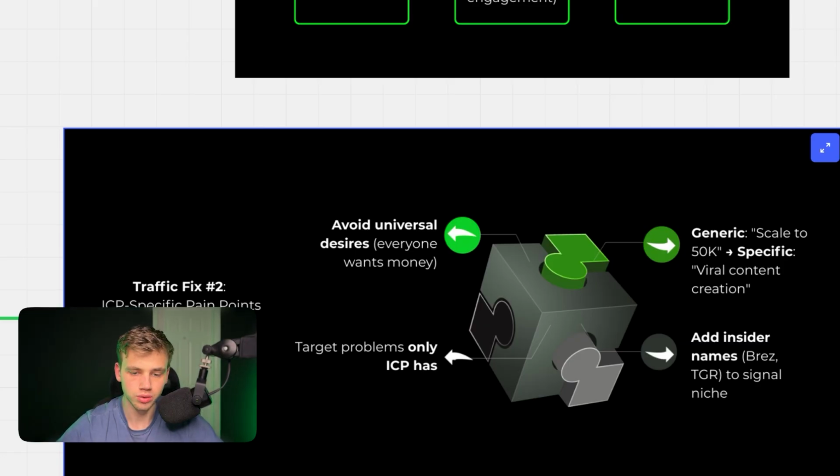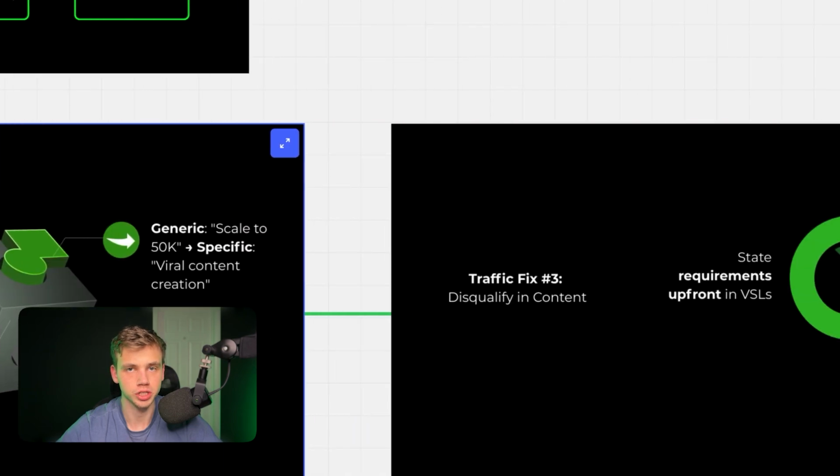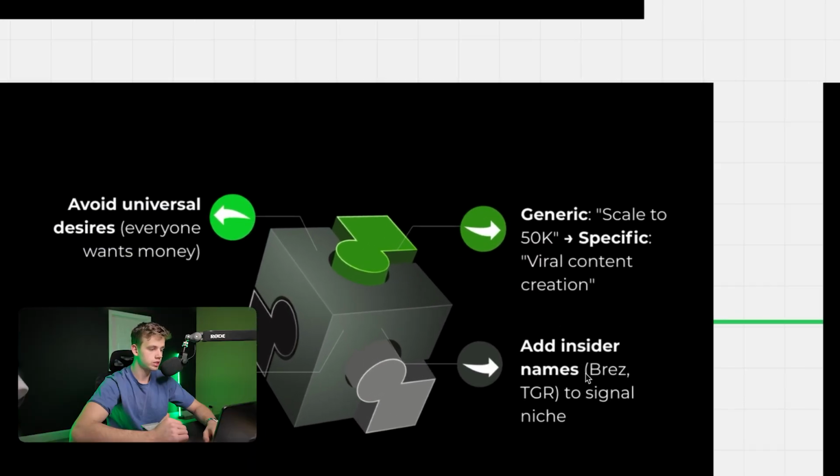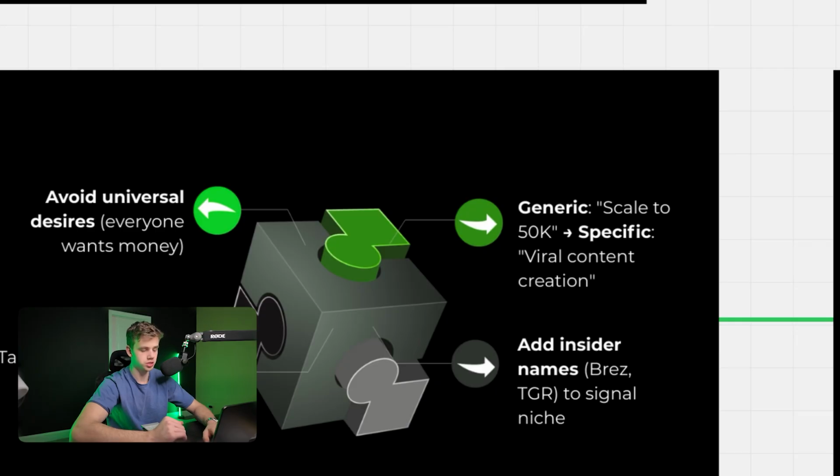Another thing that you can do in your content is add associations that your avatar, your ICP, has. In our example with creating content for coaches and building a brand, we started making associations that people in the info space have. We started making content about TJR, Brez, and mentioning these names in the specific context of targeting pain points.